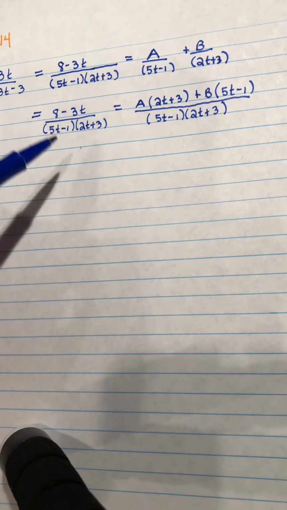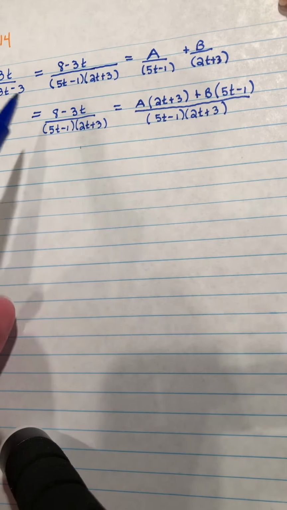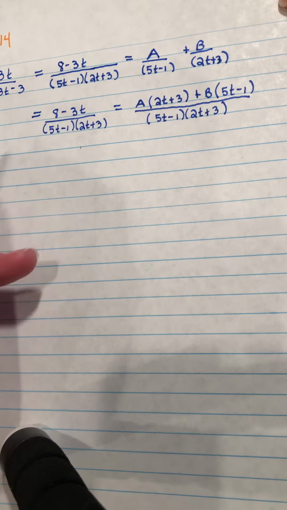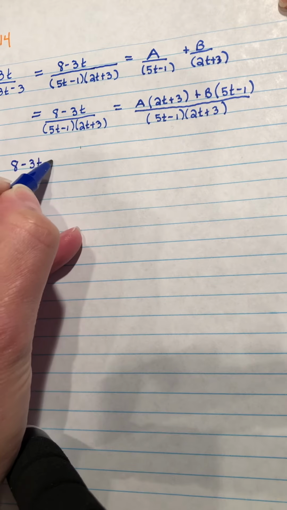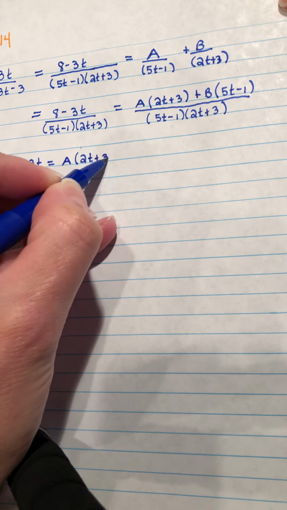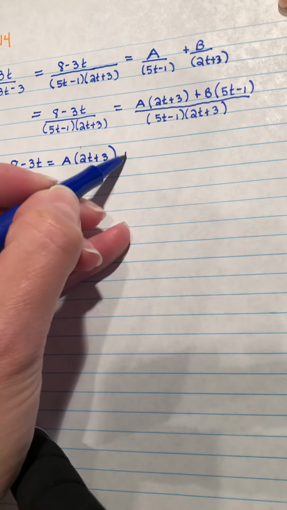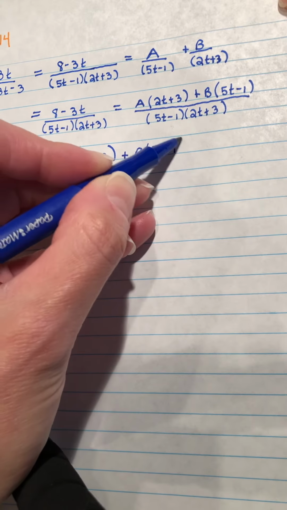I have one fraction equal to another fraction. The denominators are equal, so that means the numerators are equal. So I can say that 8 minus 3t equals a times 2t plus 3 plus b times 5t minus 1.